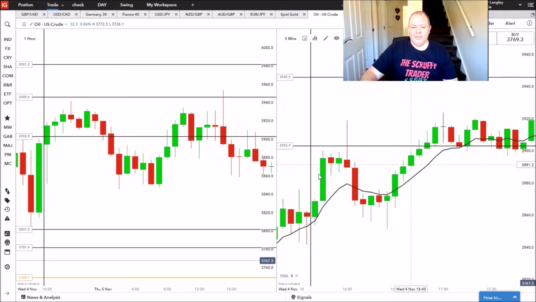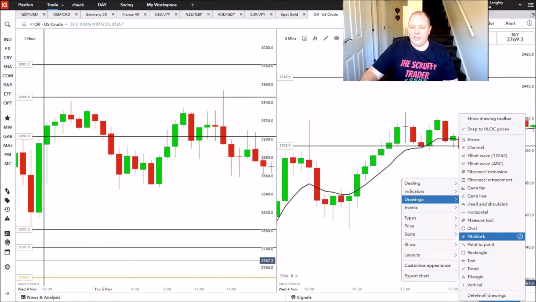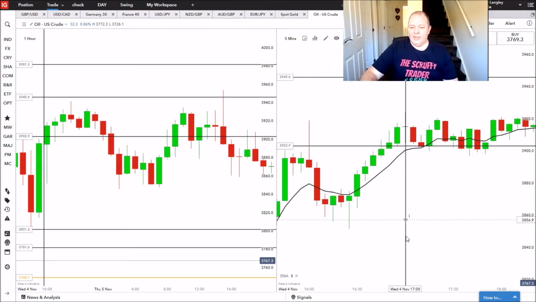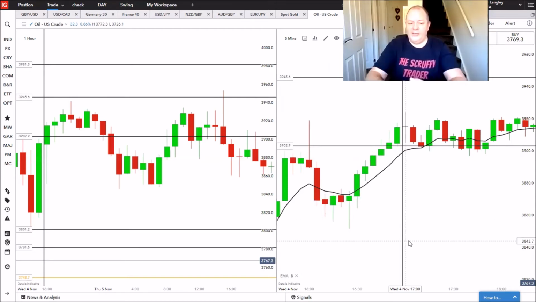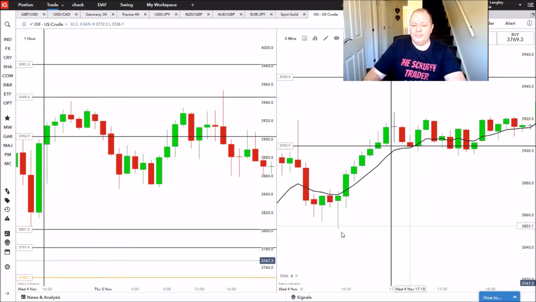So you'd actually be waiting at 5 o'clock, which is here. I'll just put a line there so you can see it. Why is it 5 o'clock on the 5 minute? Because it takes 1 hour for that candle to form, and you wait for the candle to finish. As soon as that breaks, it's go time.